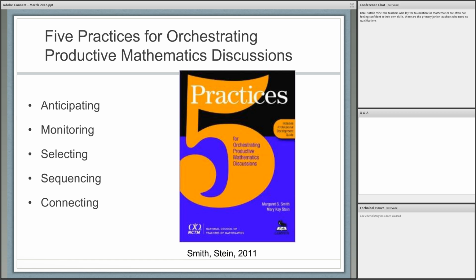So in that sense, the teacher is selecting and sequencing those 2 with the view that she or he is going to help to connect those mathematical ideas later. Or perhaps you're selecting and sequencing because you want a variety of different approaches to be displayed so that every student who tried an approach can perhaps connect what they did with one of those that's being displayed.